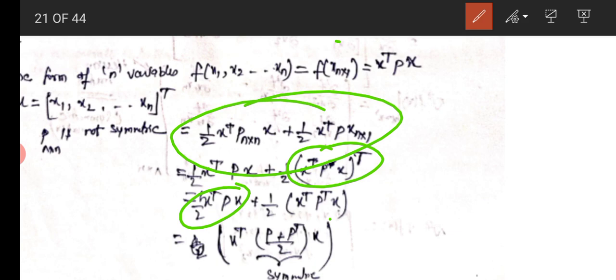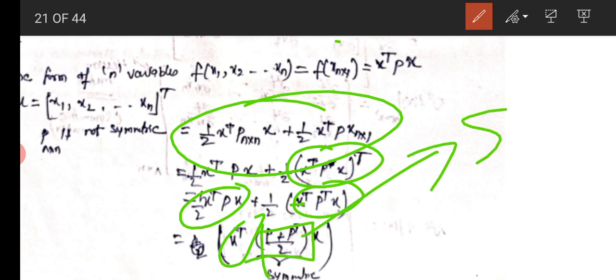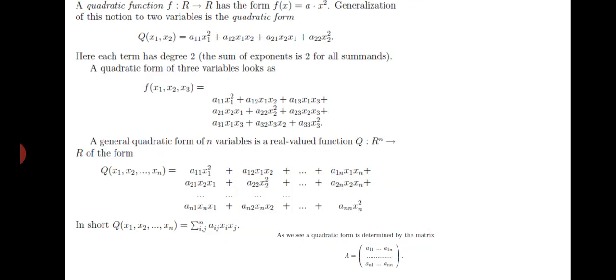Now when you take x transpose common, P plus P transpose by 2 becomes a symmetric matrix. So we can convert the coefficient matrix P of any quadratic form into a symmetric matrix.